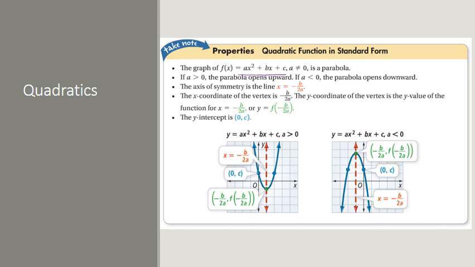Our line for our axis of symmetry in this case is x equals negative b over 2a. And when we go to find the coordinates for the vertex, our x-coordinate is that negative b over 2a, and then we substitute that back into our equation to find the y value, or our f of x value. And lastly, c is always going to be your y-intercept.